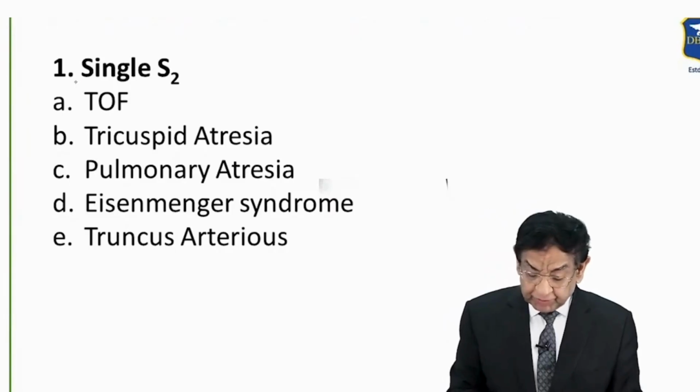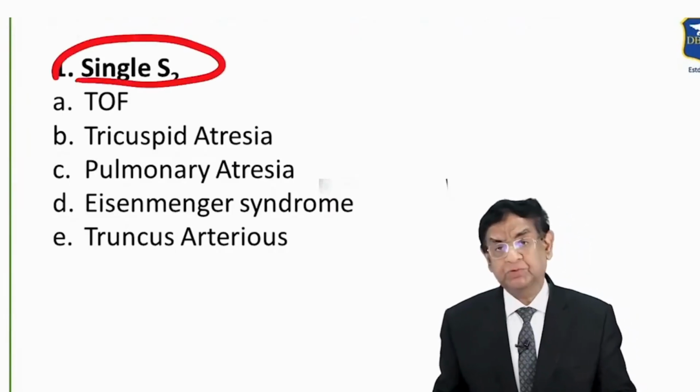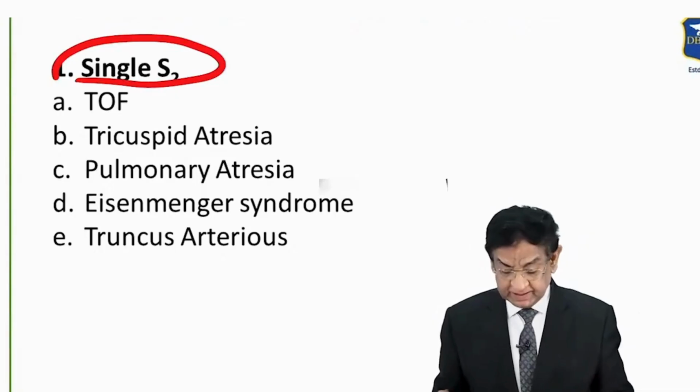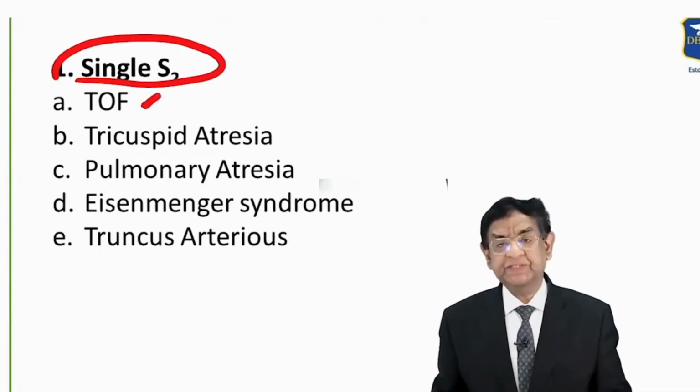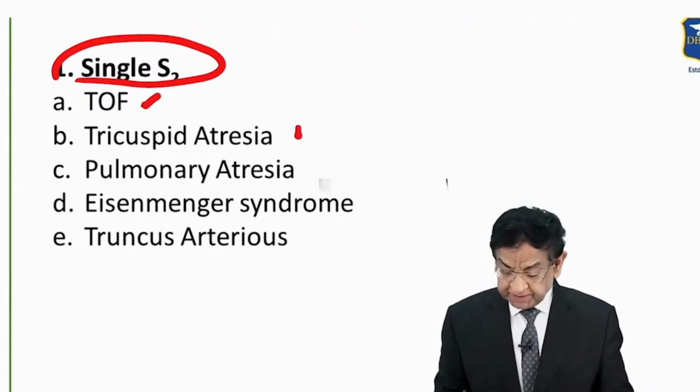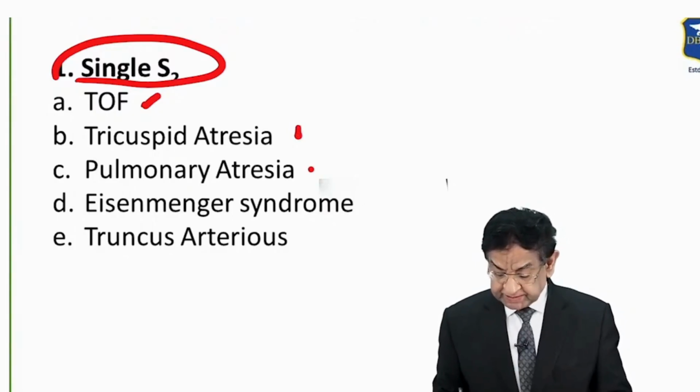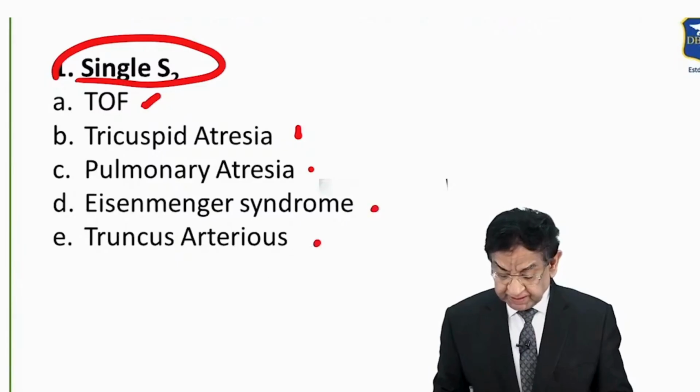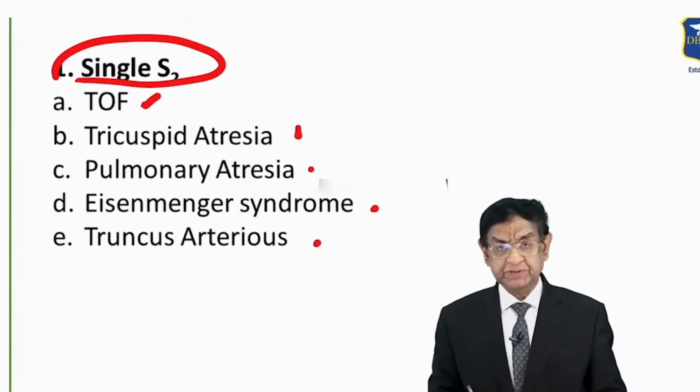Can we get a single S2, only one? Tetralogy of Fallot is a very commonly asked question. Tricuspid atresia, pulmonary atresia, Eisenmenger syndrome, and truncus arteriosus.